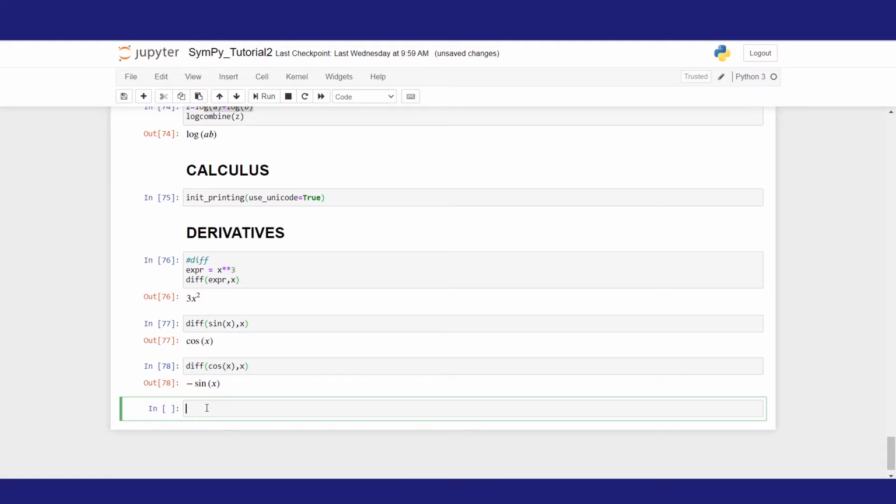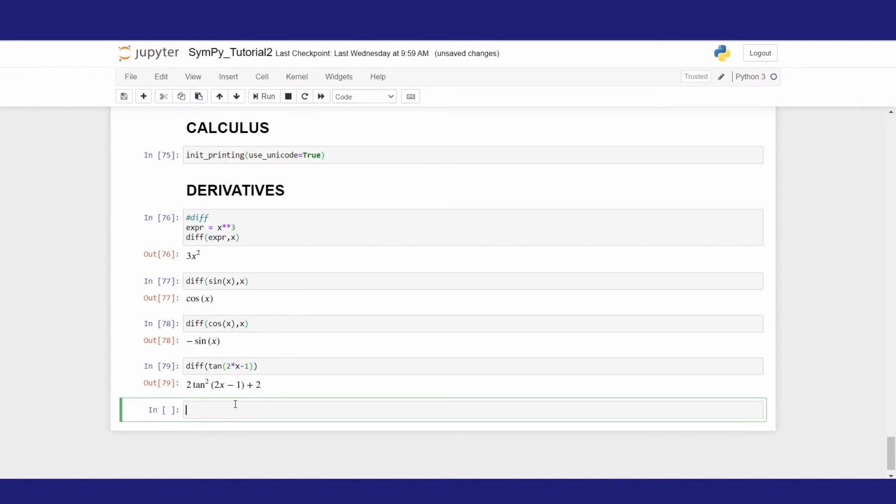Now let's try to advance to look at some complicated stuff. Let's say you have a tan of maybe 2 times x, and then this is minus maybe 1. If I do that and differentiate, this will give us 2 tan squared of 2x minus 1, then plus 2.